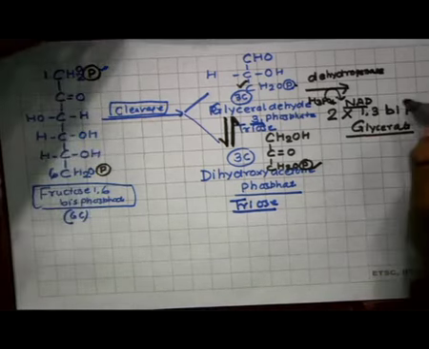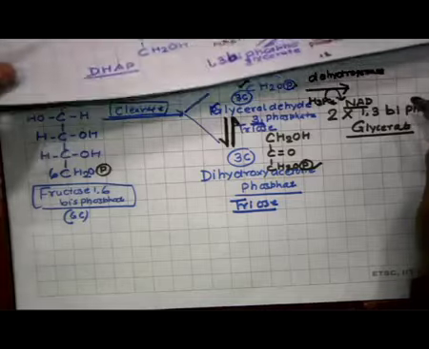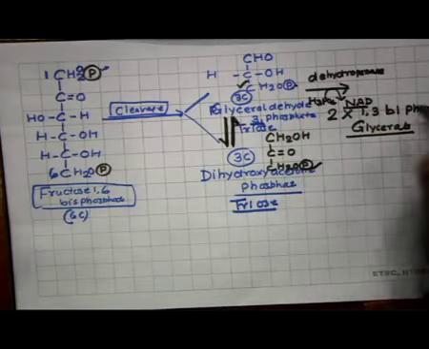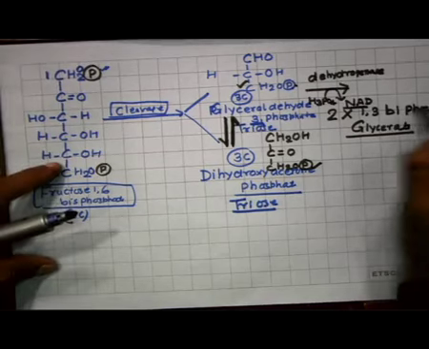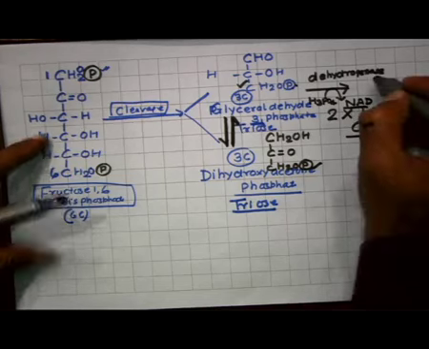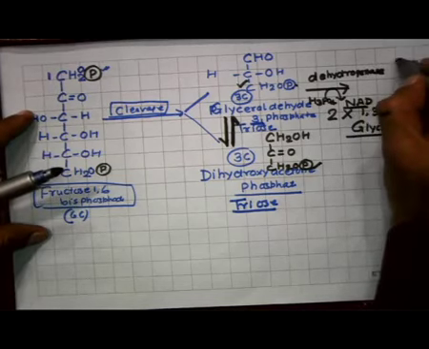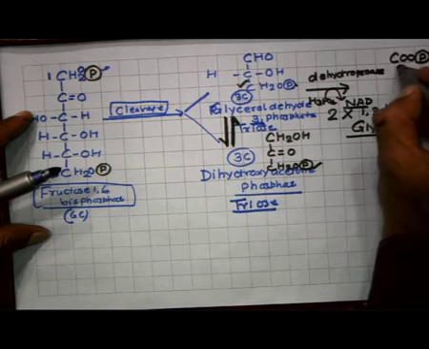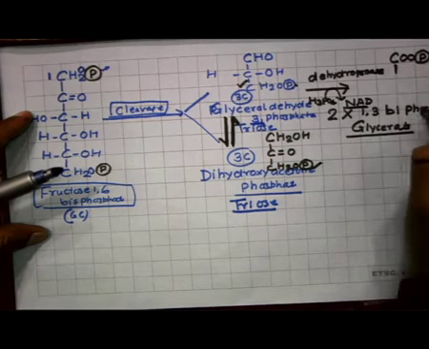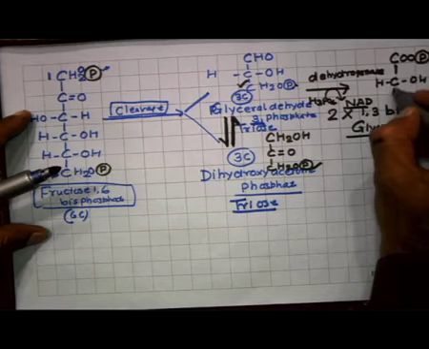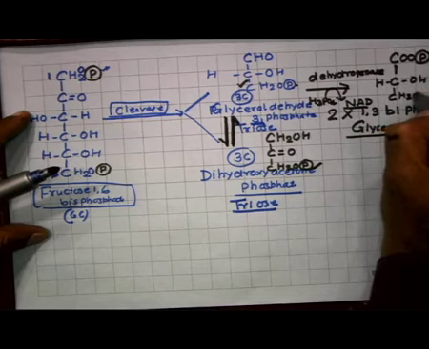Now, the 1,3 diphospho or biphospho, the older name is di. The biphosphate structure is COOP, at the second carbon CHOH, at the third one CH2OP.